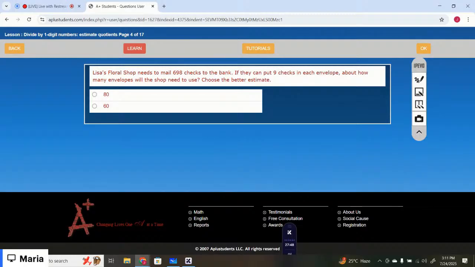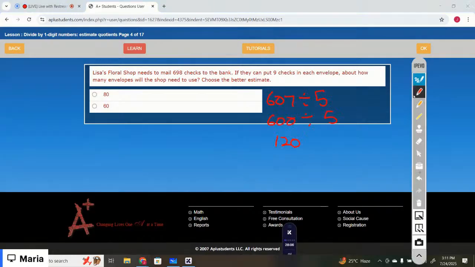Lisa's floral shop needs to mail 698 checks to the bank. If they can put 9 checks in each envelope, about how many envelopes will the shop need to use? Choose the better estimate. So you need to divide 698 by 9, right? We need to round 698 to a number that can be easily divided by 9.